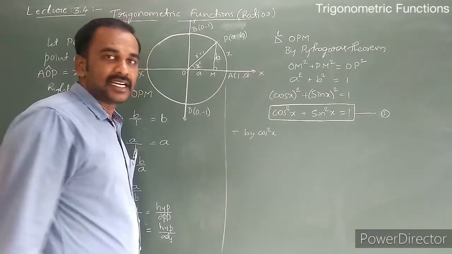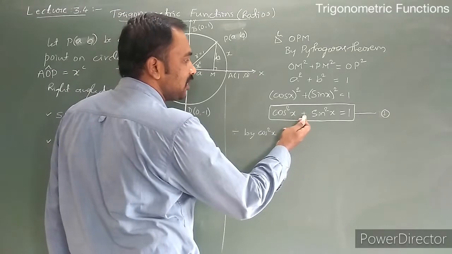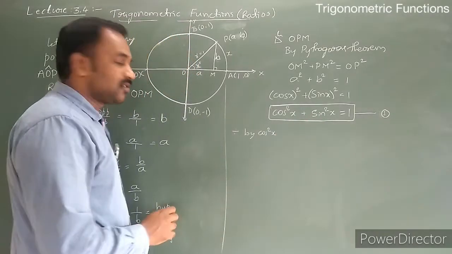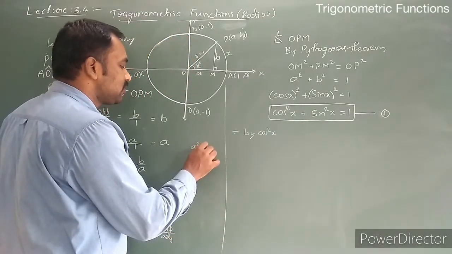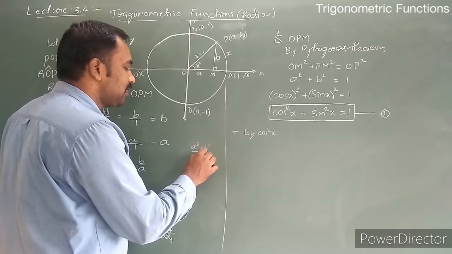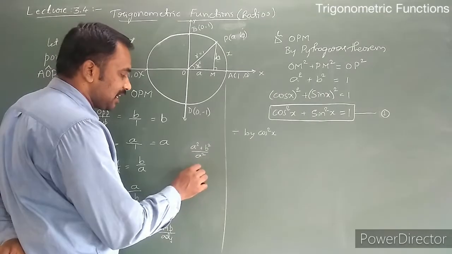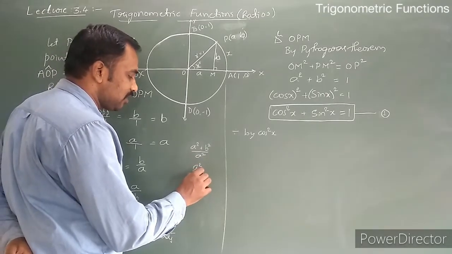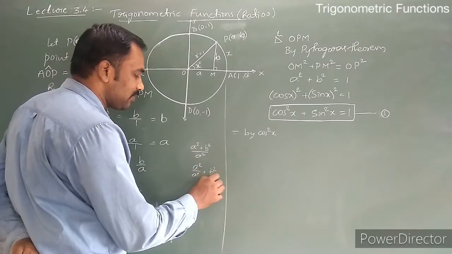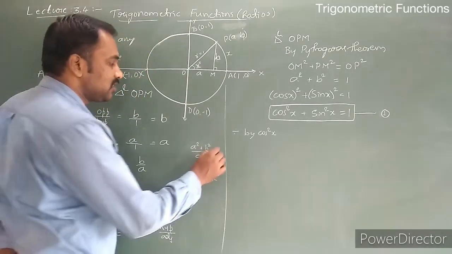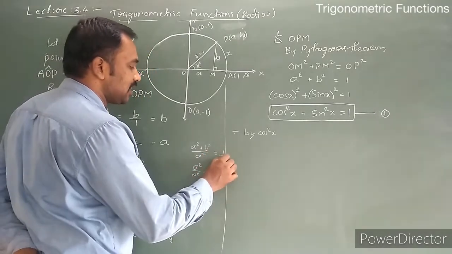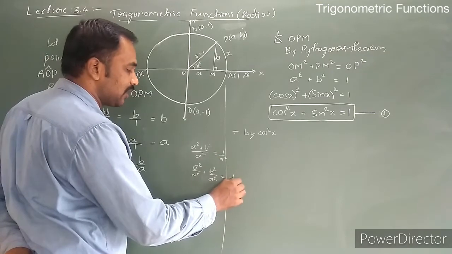I'm just going to write directly cos square x plus sin square x divided by cos square x. For example, a square plus b square divided by a square, can I write this as a square by a square plus b square by a square, which equals 1 by a square?